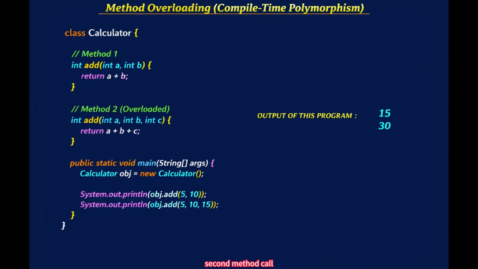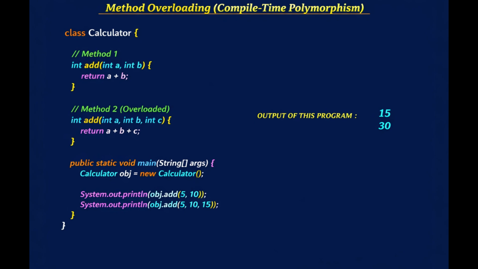Second method call. Next, we call obj.add 5, 10, 15. This time, we pass three parameters. Java selects the method that takes three parameters: int add, int a, int b, int c. It performs 5 plus 10 plus 15 and prints 30.